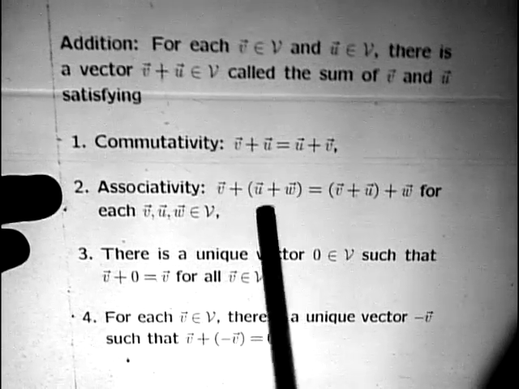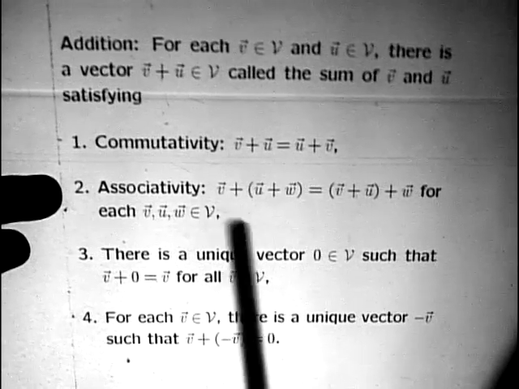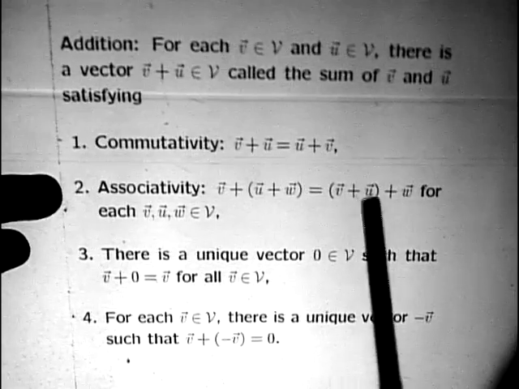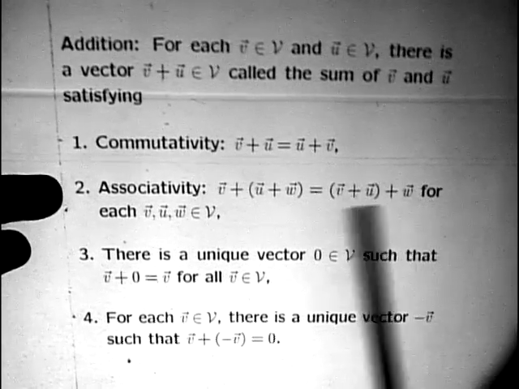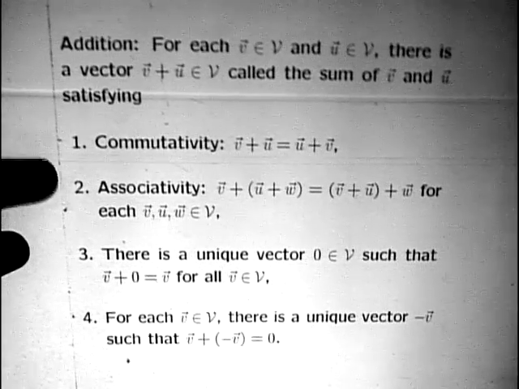This and this are both vectors in the space. Therefore, this sum has to be in the space. Therefore, this plus the sum has to be in the space. And what associativity says is that that's the same element as this. And once you see this, you leave out the parentheses because you can add as many things as you want.